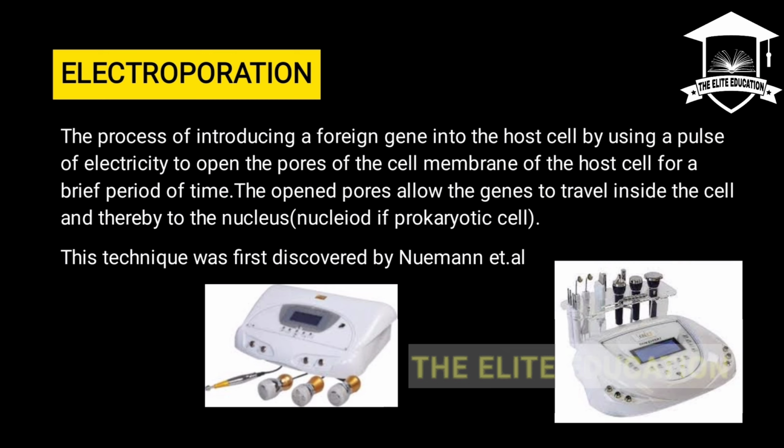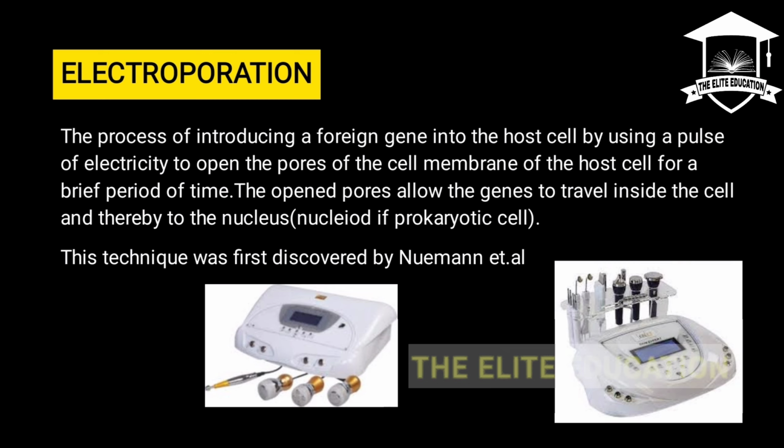Okay, so in this electroporation, you will have a machine, and your cells and DNA would be suspended in a solution. To this solution, you will apply the electric field, and when you switch on the machine, a high amount of current is discharged.